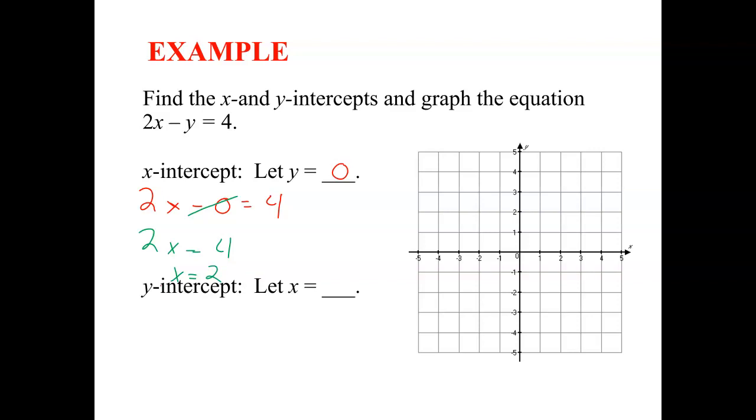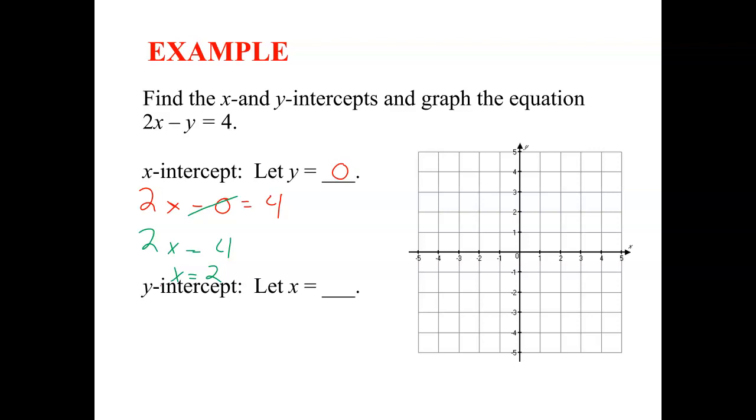other very, very important distinction. Intercepts are points. They are ordered pairs. And they have to be written as ordered pairs. If I ask for the x-intercept and you tell me it's x equals 2, wrong. Because x equals 2 represents something completely different.